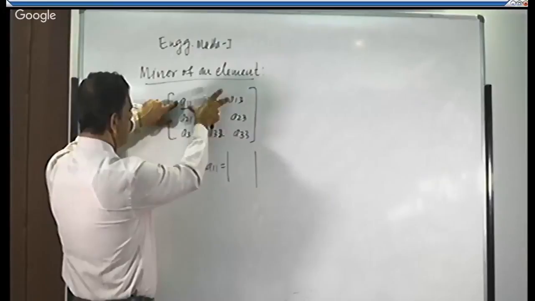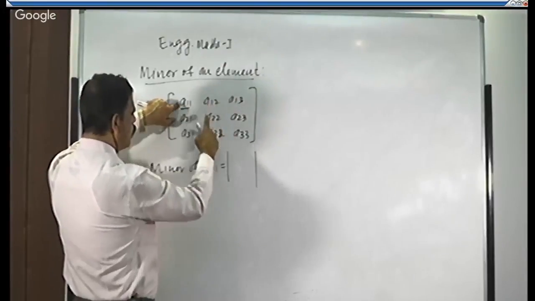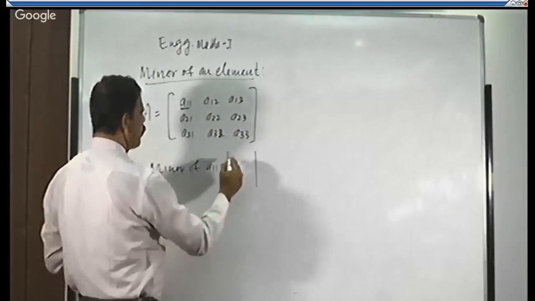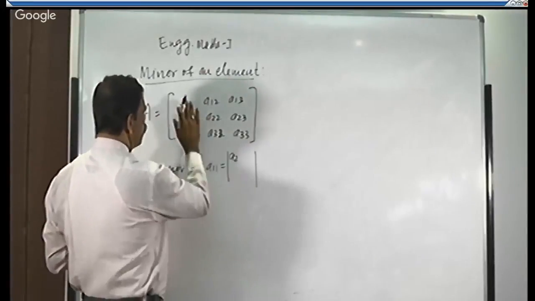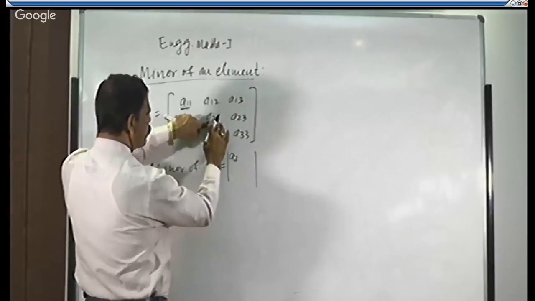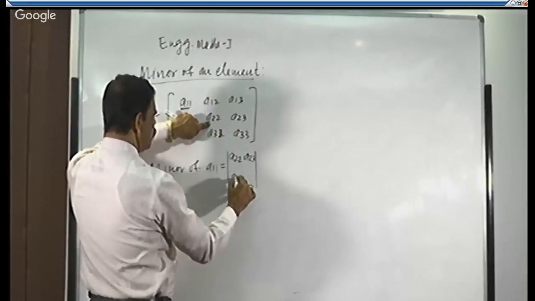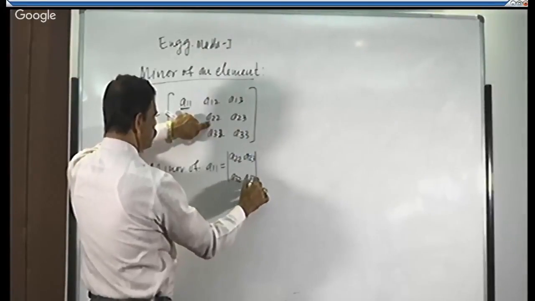The remaining elements are taken in the form of a determinant. That is, the remaining elements are A22, A23, A32, A33.